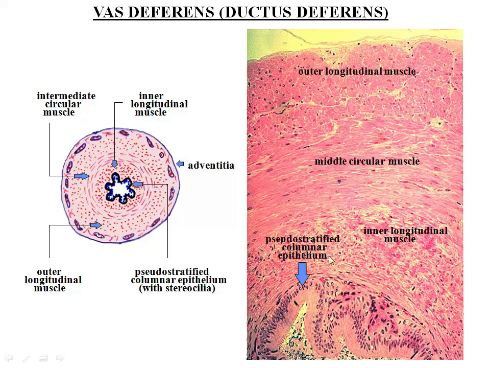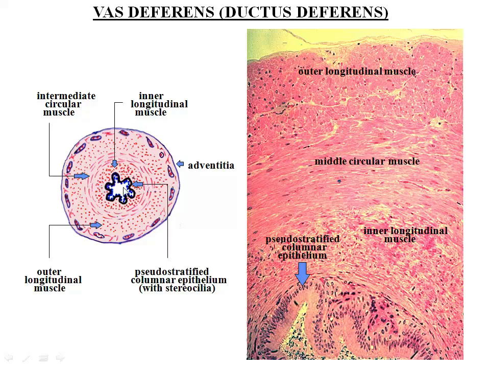Now, the histology of the vas deferens, the ductus deferens, you can see here. It is lined with pseudostratified columnar epithelium, and you can see how much the muscular layer has increased: inner longitudinal muscle, middle circular muscle, outer longitudinal muscle. So you can observe the increased volume of muscle for providing bursts of contraction, so that all the content present in the lumen is propelled forward.